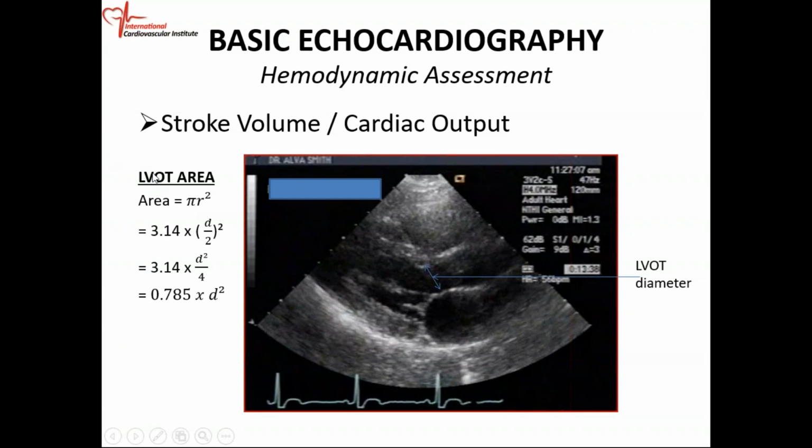So if we're going to simplify for the area, remember pi is 3.14, radius is the diameter divided by 2, and if we square that, we get diameter squared over 4, and we simplify that, we get 0.785 times d squared.